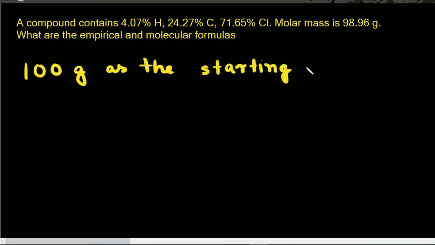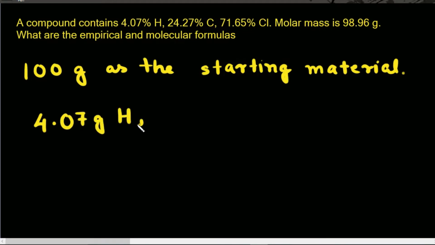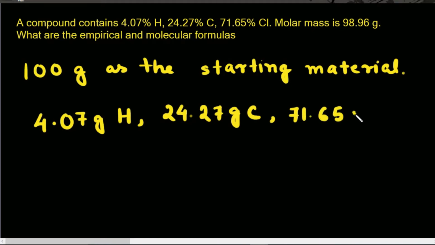That is, the mass of hydrogen, carbon and chlorine all together will be equal to 100 gram. Next, we write 4.07 gram of hydrogen, 24.27 gram of carbon and 71.65 gram of chlorine. So in short, in place of the percentage symbol, we are putting the gram symbol.